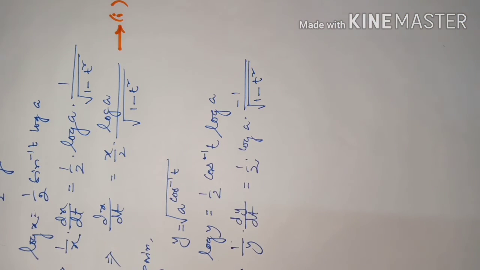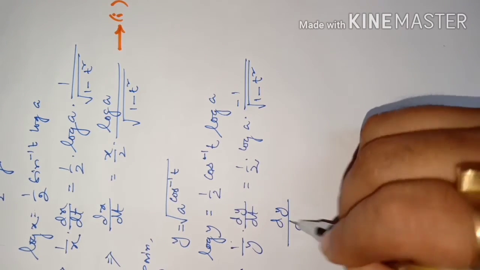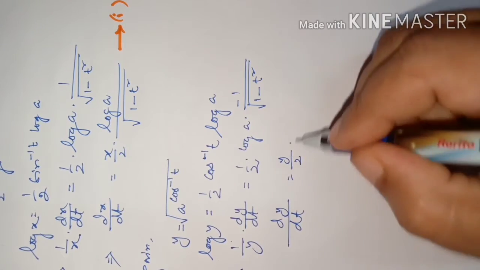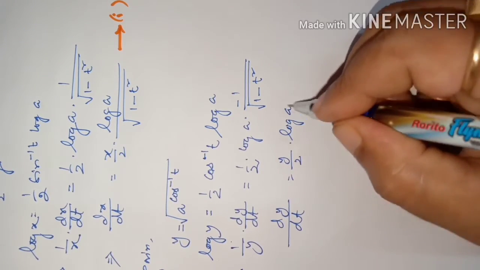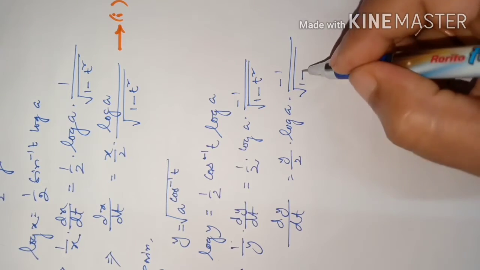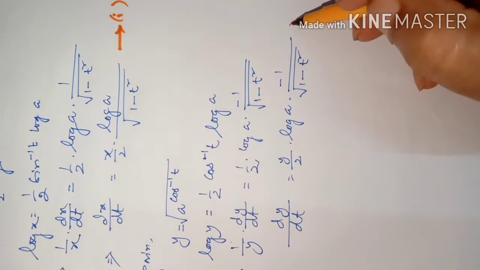So we have dy by dt this way, y goes there, so y by 2 into log a into minus 1 by under root 1 minus t square. So this is the second equation.